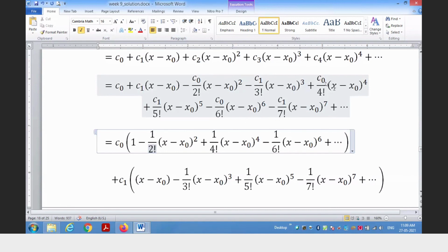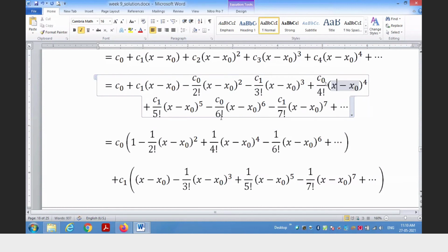Then this one becomes plus 1 over 4 factorial times this, and also minus 1 over 6 factorial times this. And the other one depends on c1, so c1 times (x minus x naught), and then minus 1 over 3 factorial gives you this term, and then plus 1 over 5 factorial gives you this term, and then minus 1 over 7 factorial times (x minus x naught) to the power of 7.